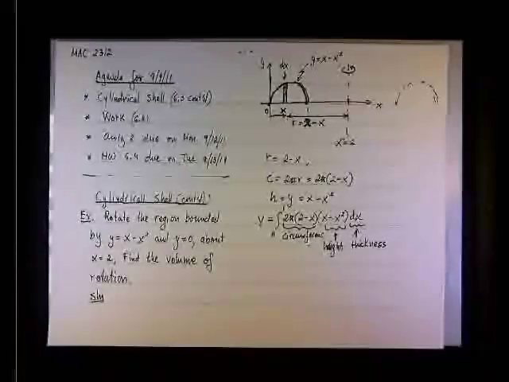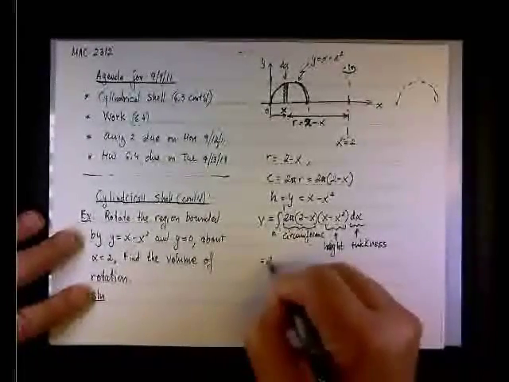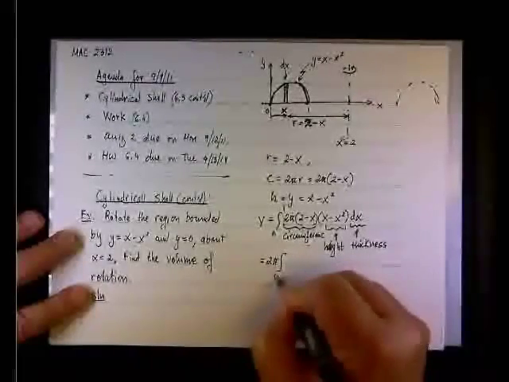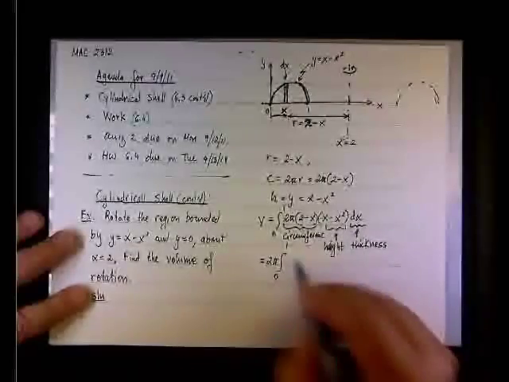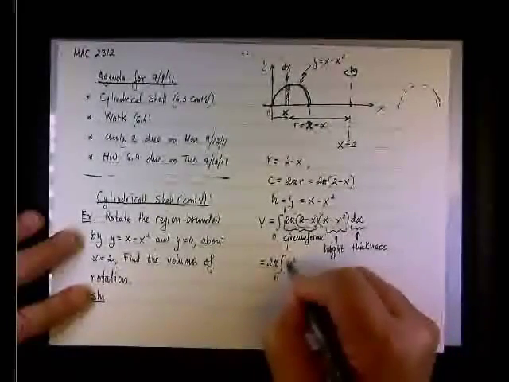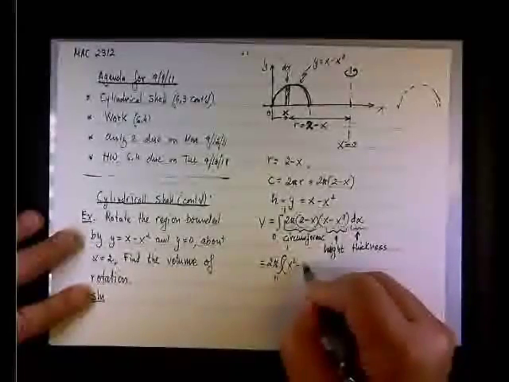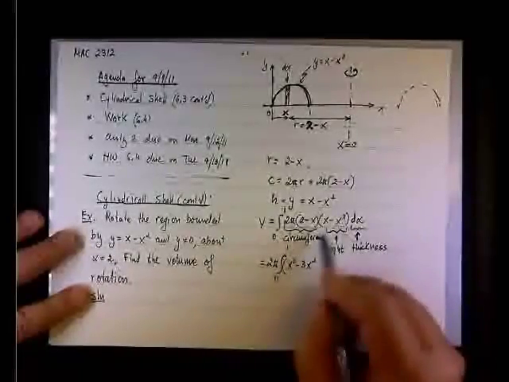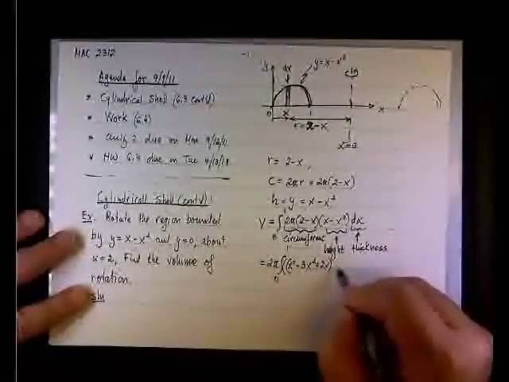words when it comes to volume by cylindrical shell. The calculation itself: 2 pi is a constant. If you clear the parentheses, you have the highest power is x cubed. And then you have negative x squared minus 2x squared, so you have minus 3x squared. And then you have positive 2x.